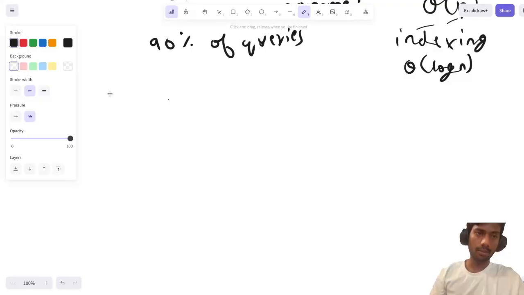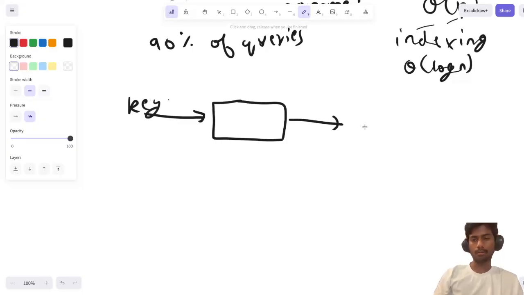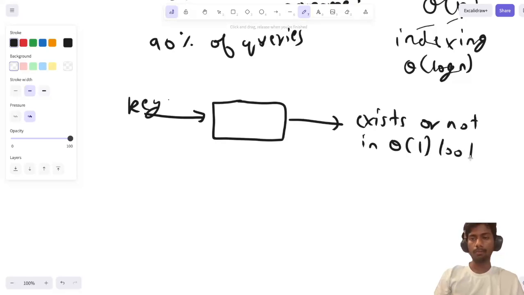So what we want is, let's say for now, a simple black box that can tell us whether this key exists or not in O of 1 lookup time using probabilities.